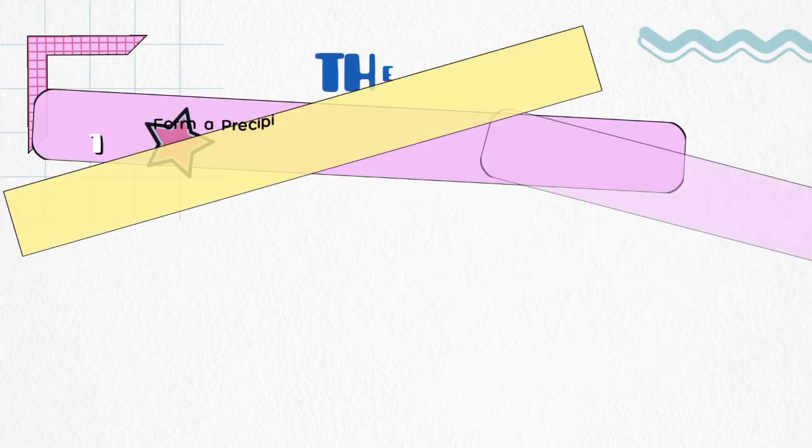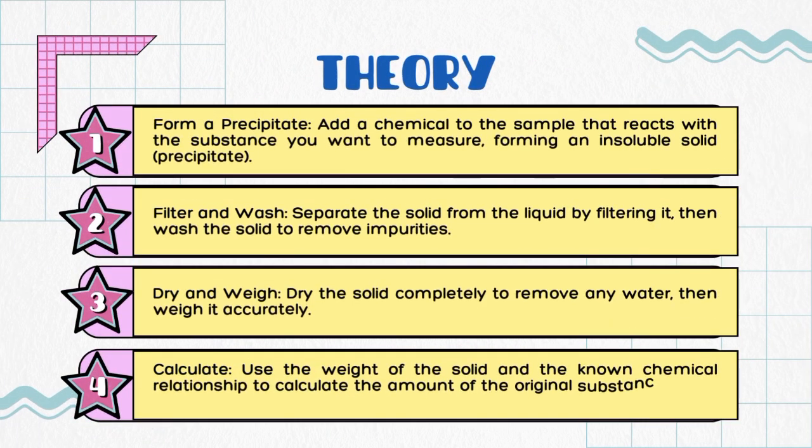There are 4 main steps in theory for gravimetric analysis. First, form a precipitate by adding a chemical to the sample that reacts with the substance you want to measure, forming an insoluble solid precipitate. Second, filter and wash, which separates the solid from the liquid by filtering it, then washes the solid to remove impurities.